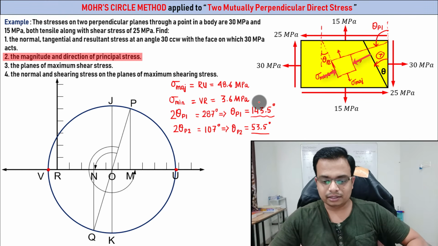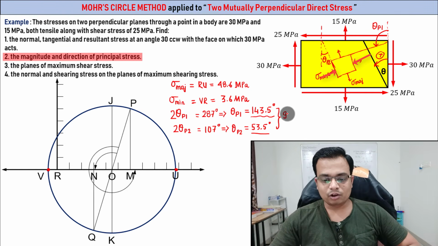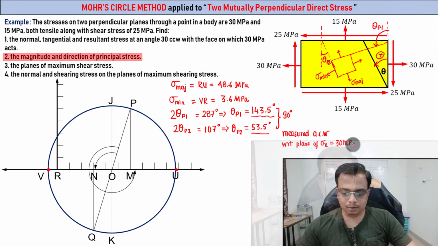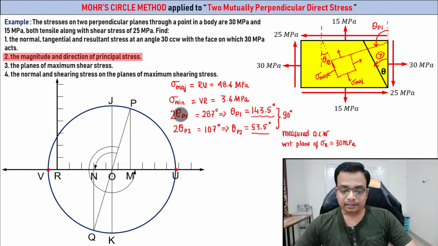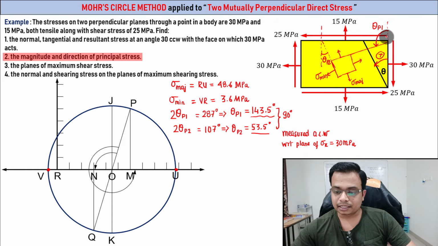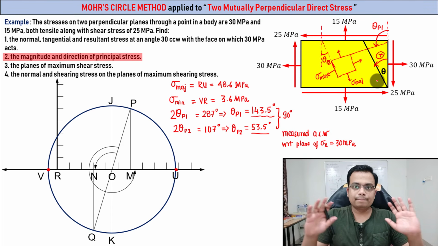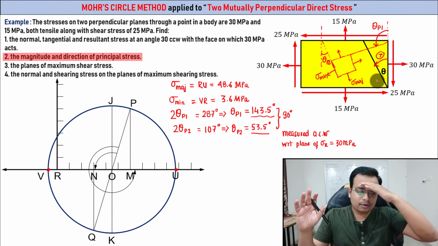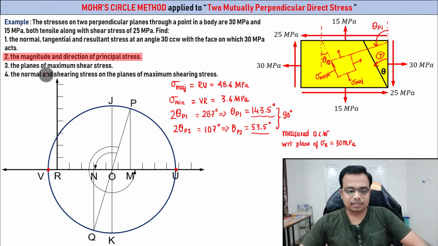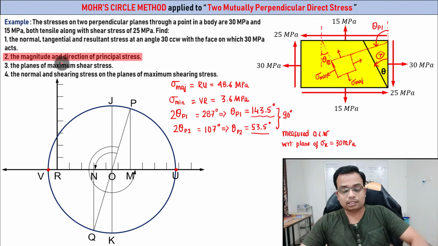And you can clearly see that these two are separated by an angle of 90 degrees. And now remember one more thing, that these two angles have been measured anti-clockwise with respect to the plane of sigma x equal to 38 megapascal. That means this vertical over here.